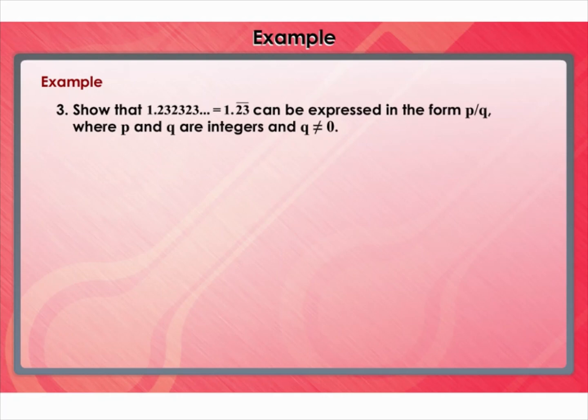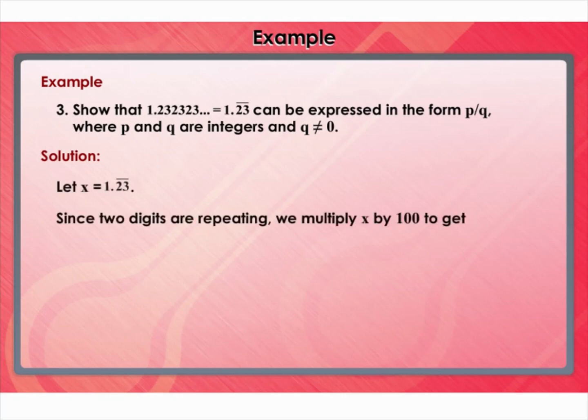Now let's consider another example. Show that 1.232323, etc., which is equal to 1.23 bar, can be expressed in the form p by q, where p and q are integers and q is not equal to 0. Let x be equal to 1.23 bar.